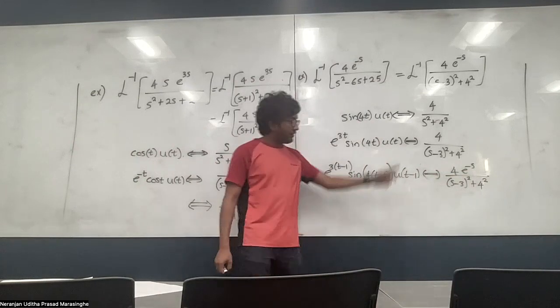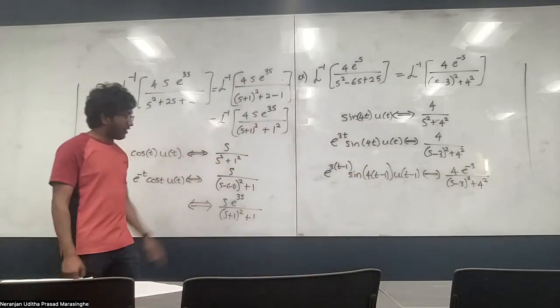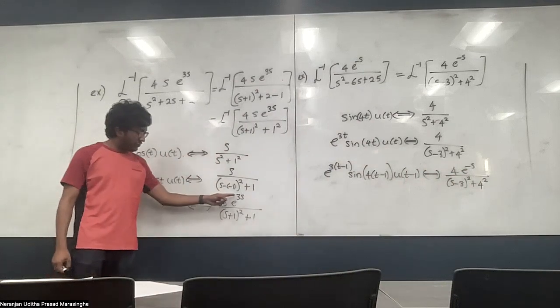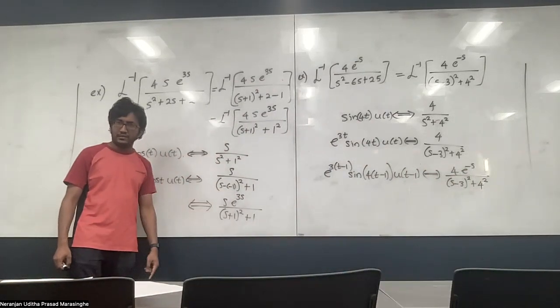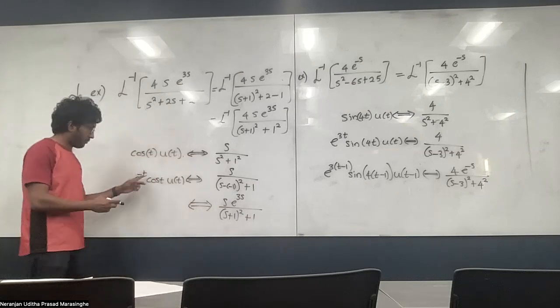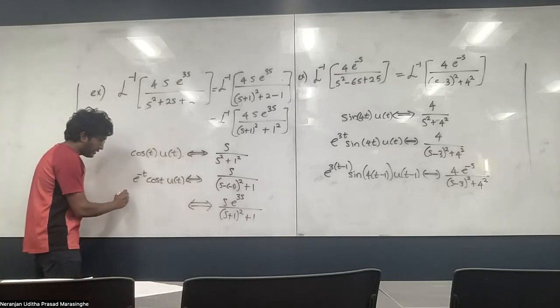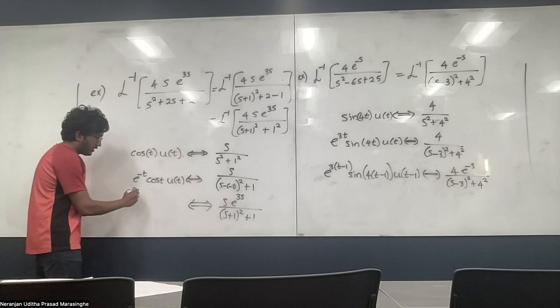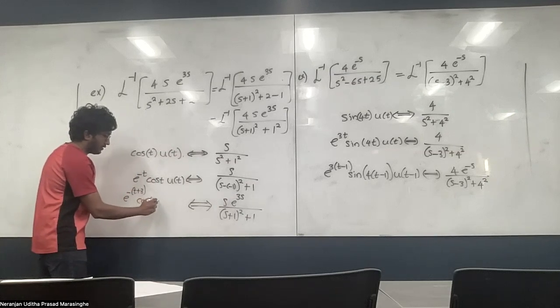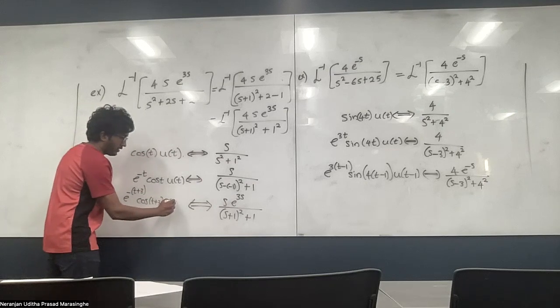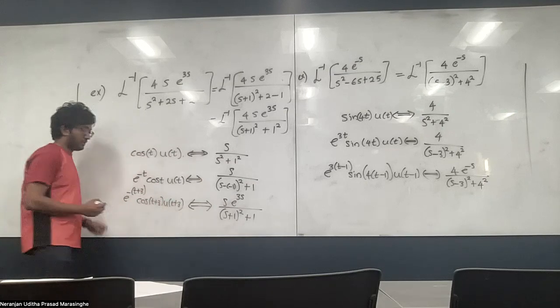Now instead we have minus 1 in this case. What would we have here? Plus 3. So t would become t plus 3: e to the minus (t plus 3) cosine (t plus 3) u(t plus 3). Is that clear?